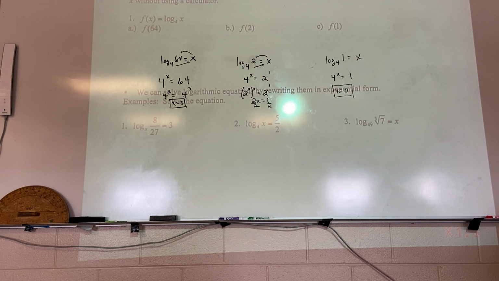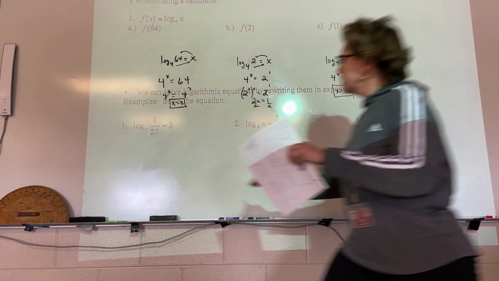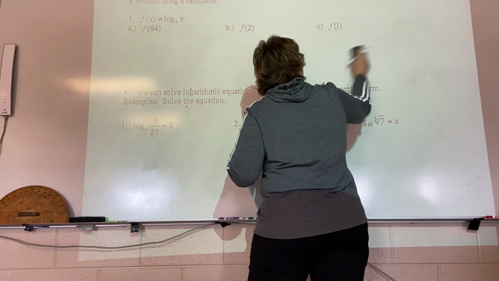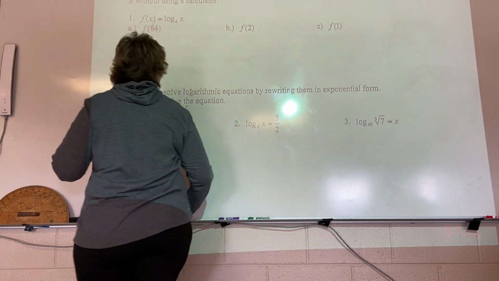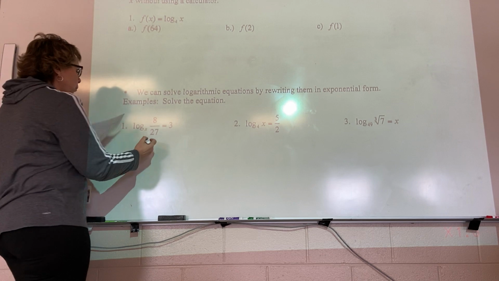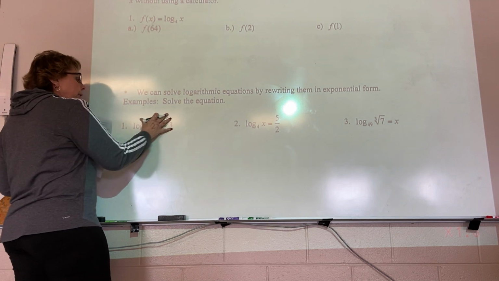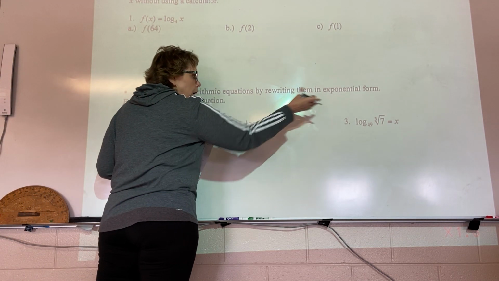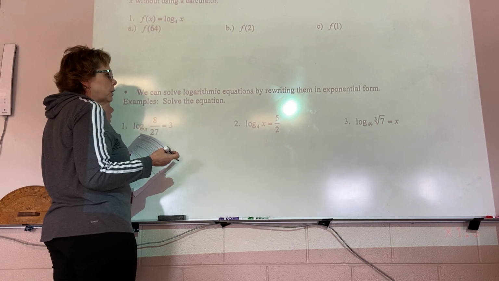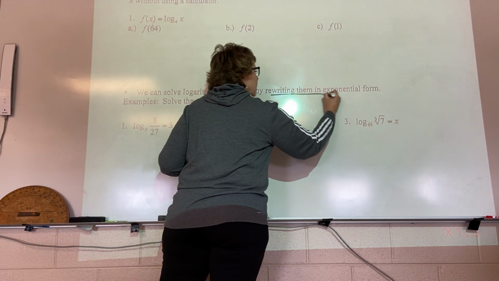So we've got solving a logarithm instead of evaluating one. Okay, and so I'm kind of doing the same thing. I'm going to rewrite. So if I've been given a logarithm in logarithmic form, I need to rewrite it as an exponent. So that's what they mean by this little statement here.